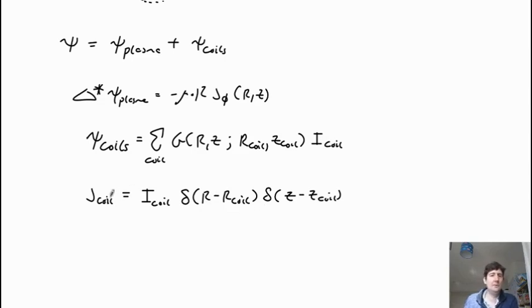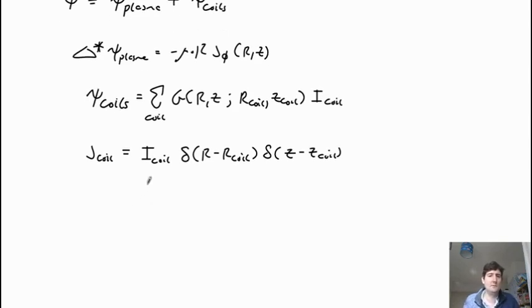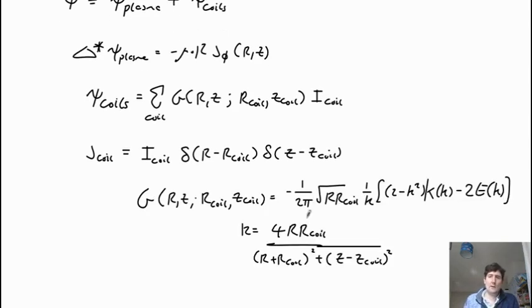And then if you put this into the Grad-Shafranov equation, you can solve it analytically, and you find that you have a solution. So there's an expression with the R and R coil. It depends on this parameter k. So little k here is this ratio here of R coil over R plus R coil, Z minus Z coil, and these here are elliptic integrals.